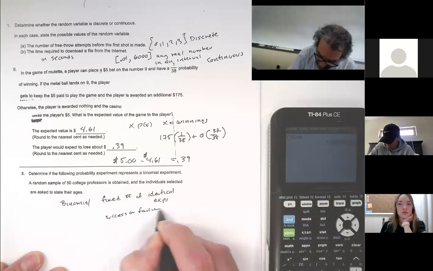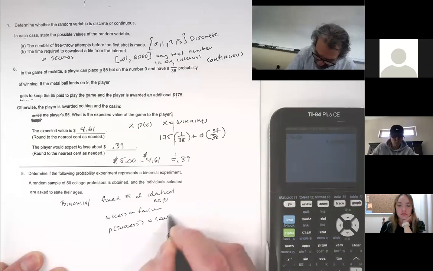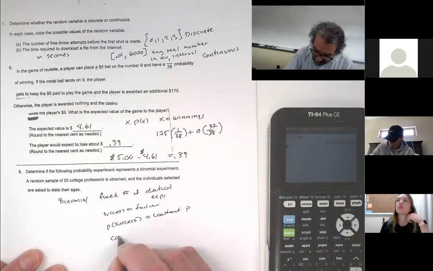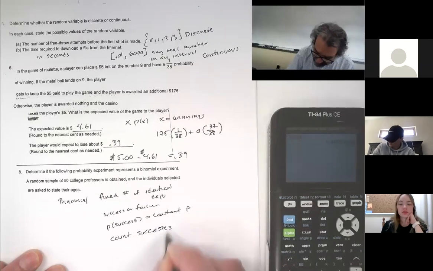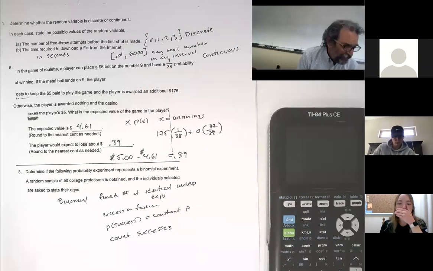The probability of success is constant, and you're counting successes. So there are 4 things. Oh, I got independence in there too. Identical independent experiments. So a fixed number of identical independent experiments that result in success or failure, the probability of success is constant, and you're counting successes.